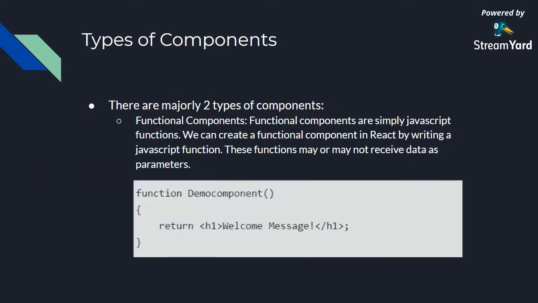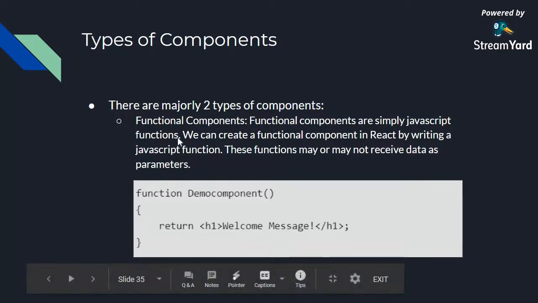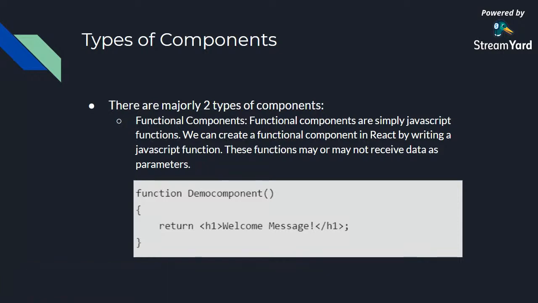There are mainly two types of components. One is the functional component. Functional components are simply JavaScript functions, which return HTML. We are going to see the functional components and the class components in detail in the next session on Monday.